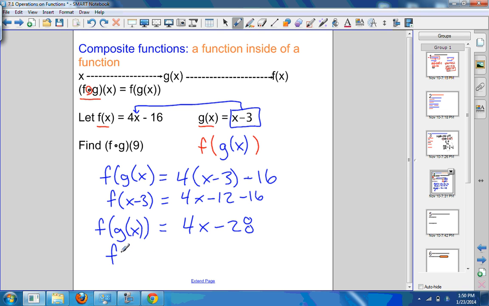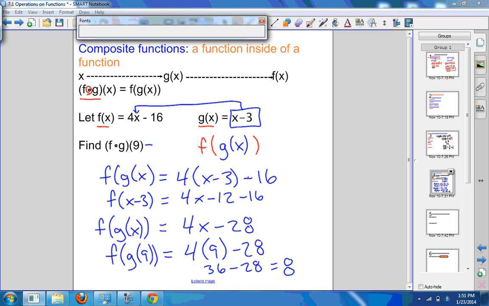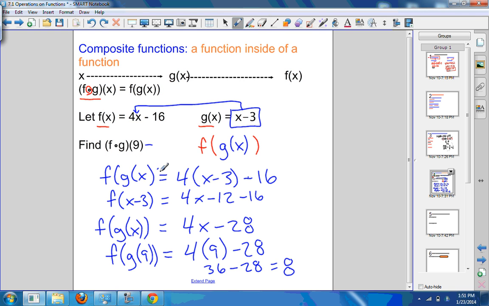Alright? So I plug in 9 in here, just like you'd think. And 4 times 9 is 36. 36 minus 28 is equal to 8, right? So f of g of 9 is equal to 8.